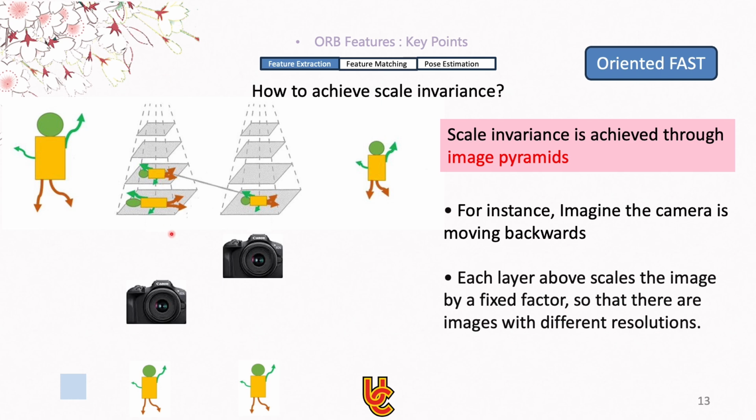It's very apparent. Then we should be able to find a match in the upper layer of the previous image pyramid and the lower layer of the next image pyramid, and match them. That's how oriented FAST achieves scale invariance.